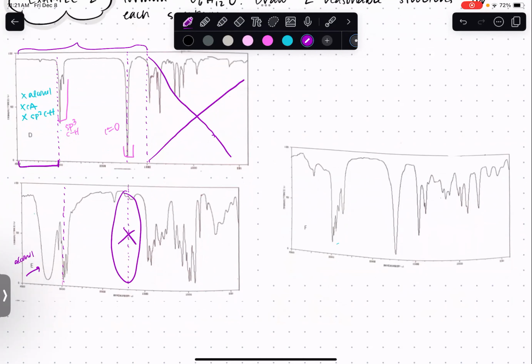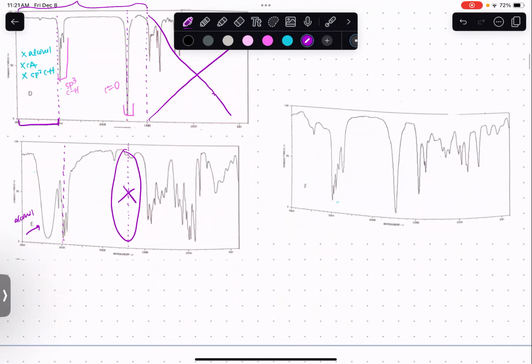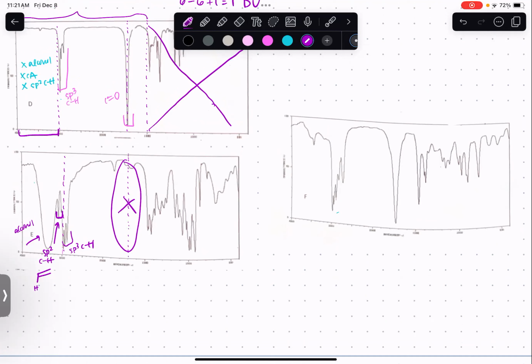So I don't have a carbonyl here. But I do have this extra stuff here above 3000. So this I'm going to say is sp2 carbon hydrogens, which is traditionally going to look something like if we have a double bond and then a hydrogen off of that. And then we also have our traditional stuff down here that is going to be our sp3 carbon hydrogen.